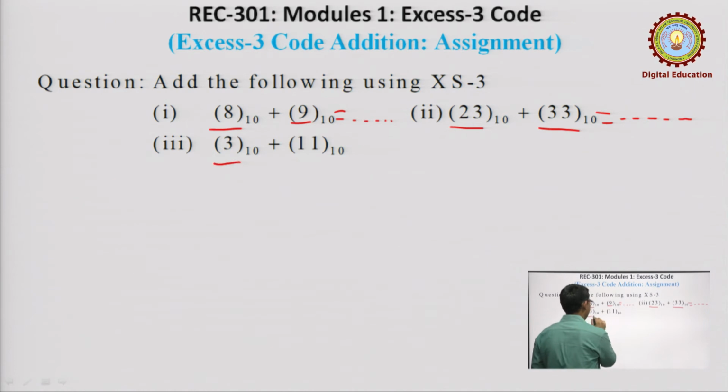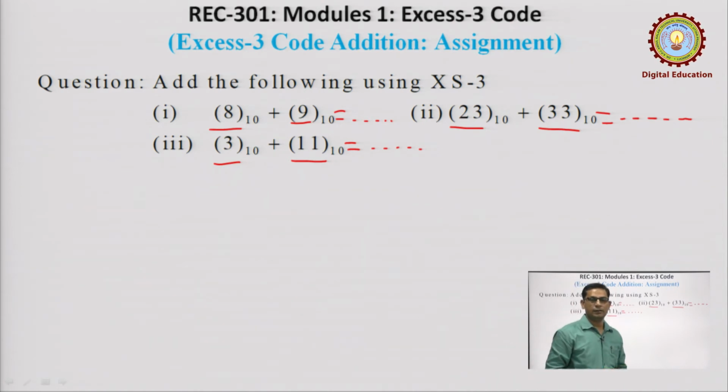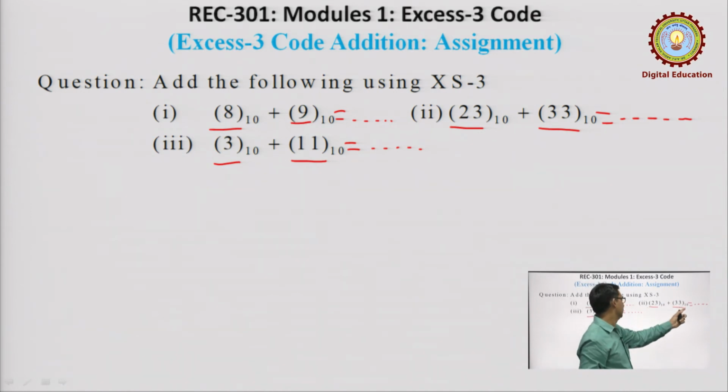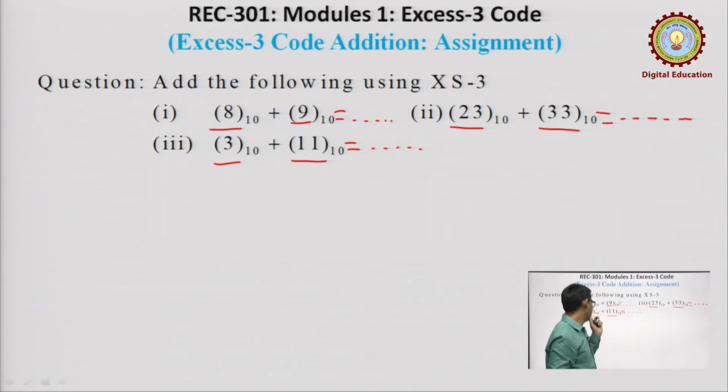And this is 3 plus 11. So, in this assignment I have covered both types of XS3 addition: when both the numbers are single digit, when both the numbers are two digit, and when one number is single digit and the second one is double digit.